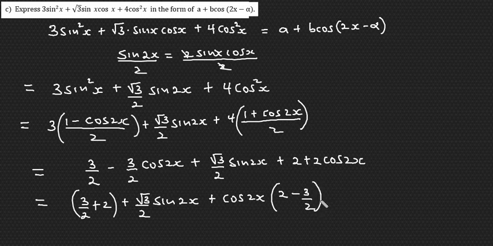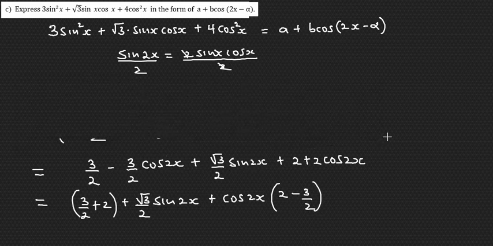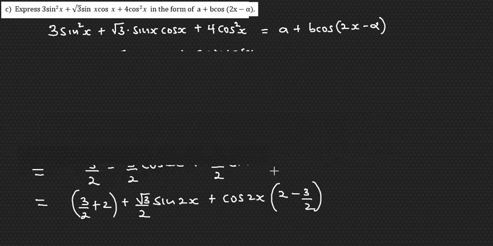So simplifying further, let me clear and make more space. So we have 3 over 2 plus 2, this is 1.5, which is 3.5.